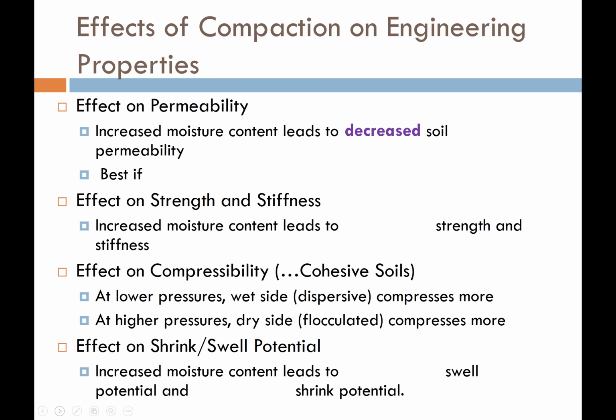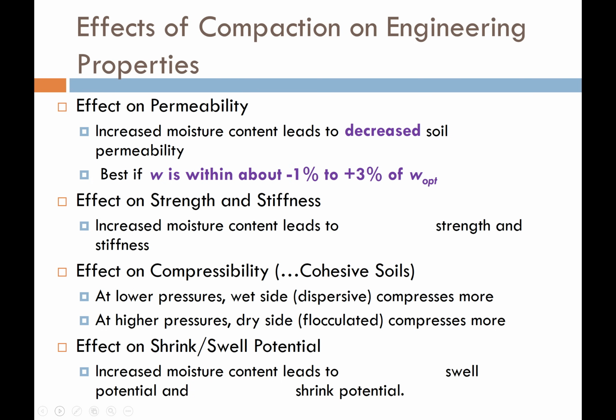In general, we find it desirable that our moisture content in the soil after compaction should be between -1% and +3% of the optimum moisture content. This is kind of like a guideline that we're giving to the contractor. Try to get that moisture content between -1% and +3% of the optimum moisture content.